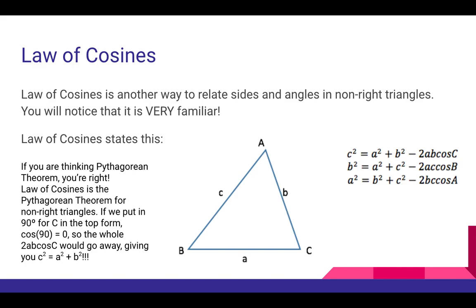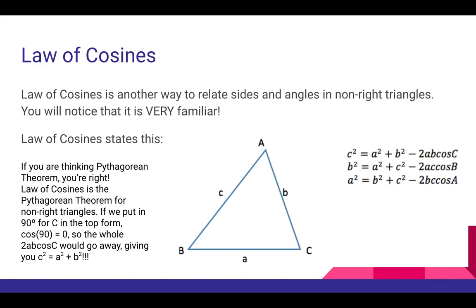Well, change the C angle to 90 degrees, because in a right triangle, C is the hypotenuse, the side opposite the right angle. So if I change angle C to 90, the cosine of 90 is 0. So that whole minus 2ab cosine C goes away, and there's the Pythagorean theorem.